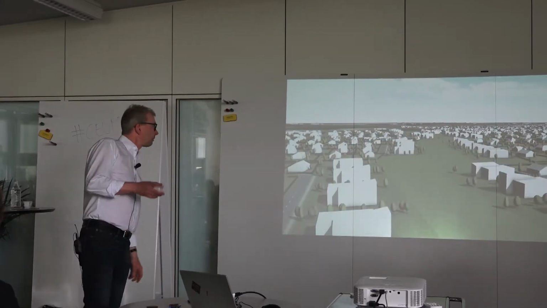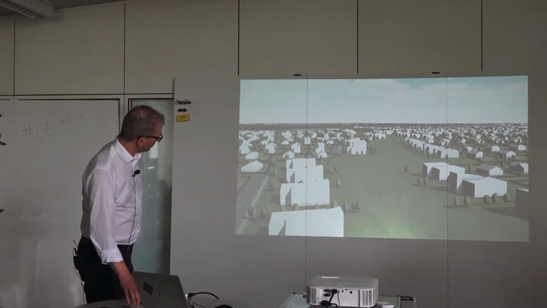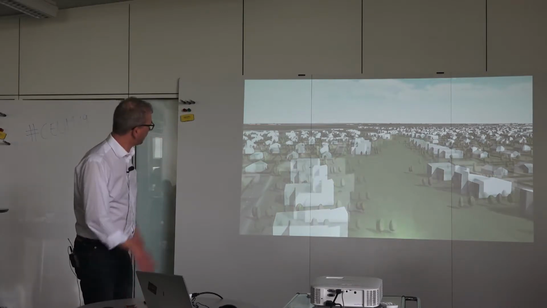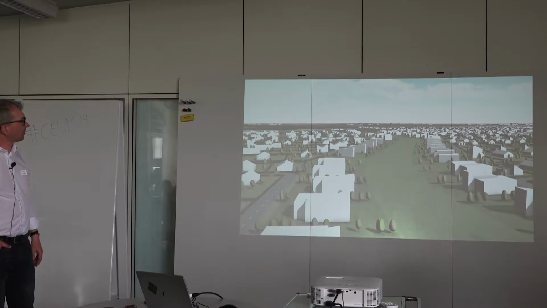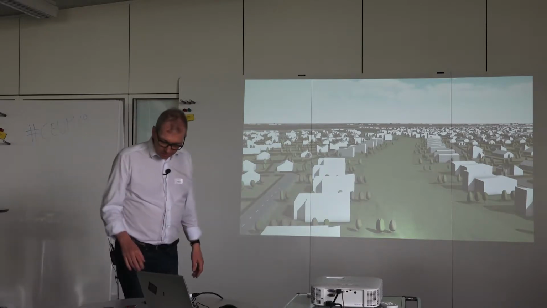And so we could do different variations of the green space in terms of its extent and design. And of course, the architects and planners are always very keen to have it look nice. So that was one of the things we could use it for.